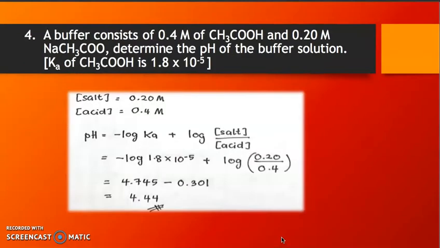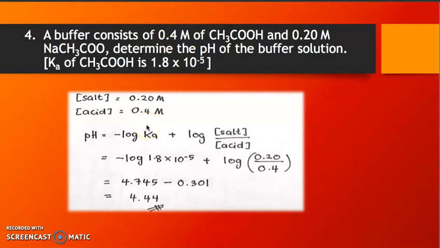Number 4. A buffer consists of 0.4 molar acetic acid and 0.2 molar sodium acetate. Determine the pH of the buffer solution. This is an acidic buffer, and they give you the concentration of salt, meaning the concentration of conjugate base is 0.2 molar, and the concentration of acid is 0.4.